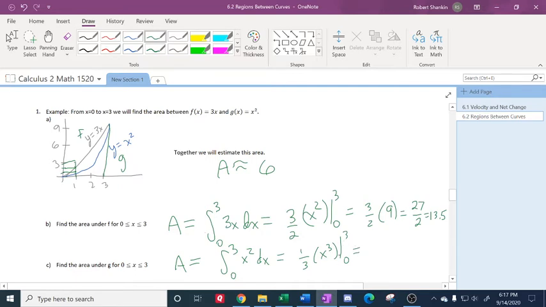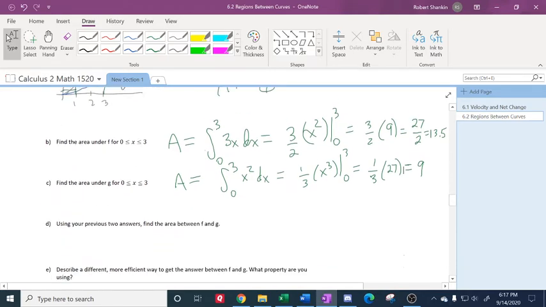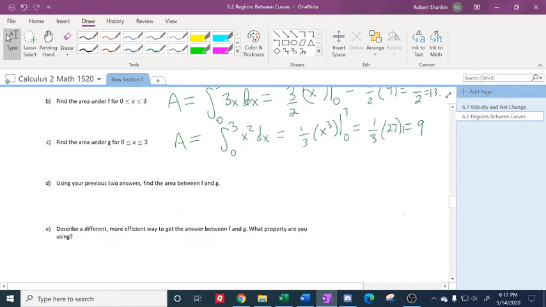And when I plug in 0, it'll disappear. When I plug in 3, that's going to give me 27. And 1/3 of that is 9. Okay, we're going step by step. Now I want you to do part D and E on your own.